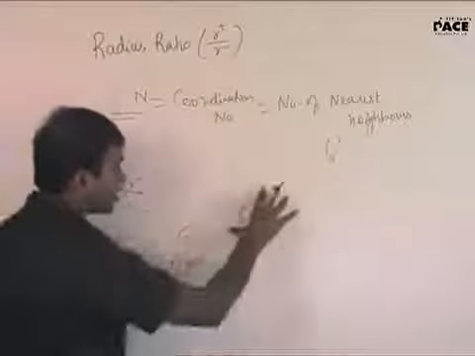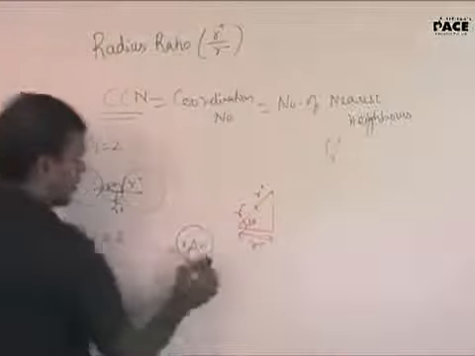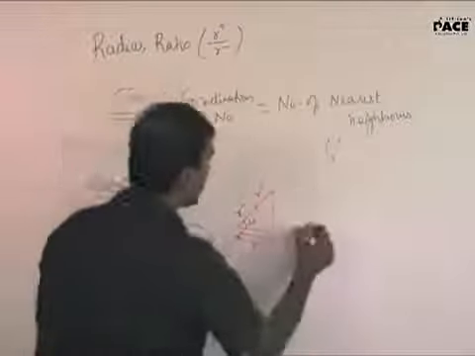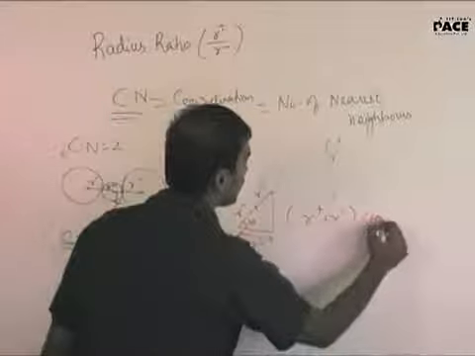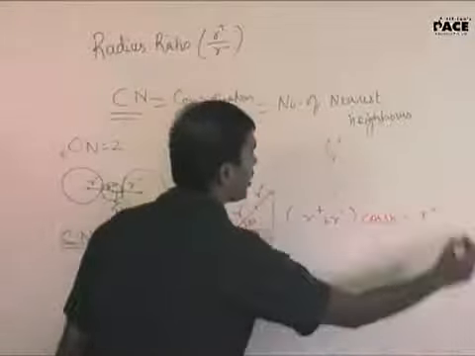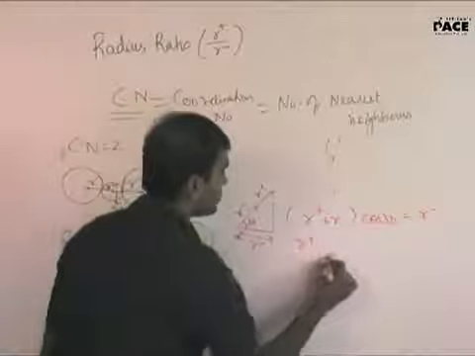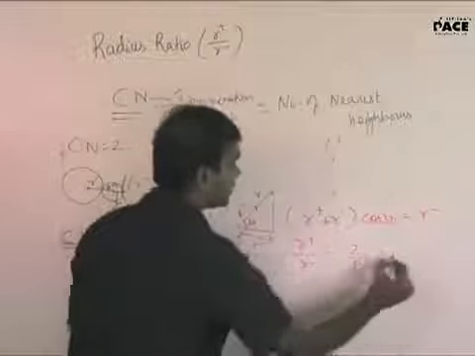Yes. So I am drawing this triangle, and I can say r plus r minus cos of 30 equal to r minus. So I can say r plus by r minus equal to 2 by root 3 minus 1.